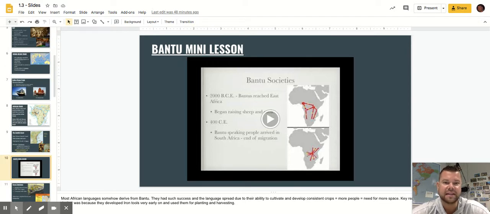In all honesty, it's kind of like English. English, if you didn't know, is a Germanic language. When you see some of the German words that we use every day, for example, water is Wasser, and father is Vater or Mutter.